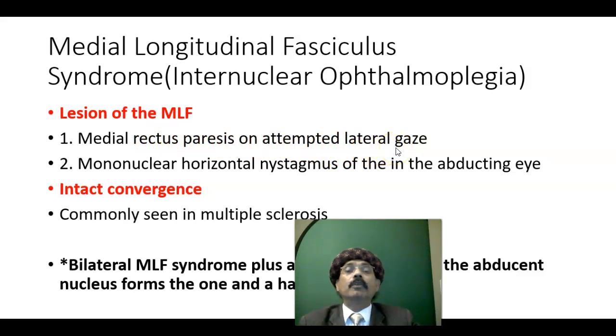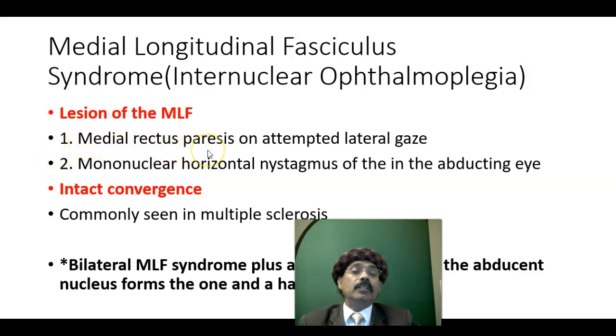So when a person has a lateral gaze, the two eyes should go in the same direction. But what happens if there is a lesion of the medial longitudinal fasciculus of one side, then the medial rectus cannot move the eyeball towards the nose.